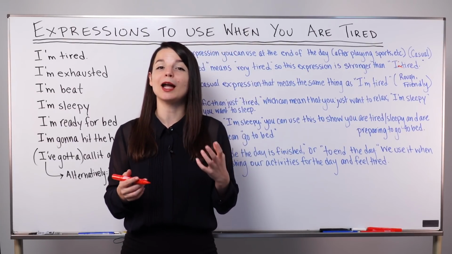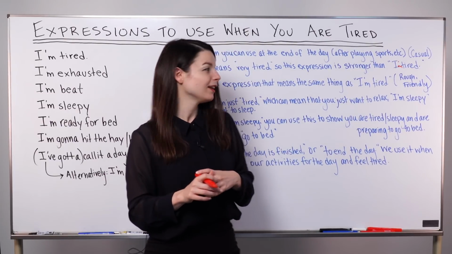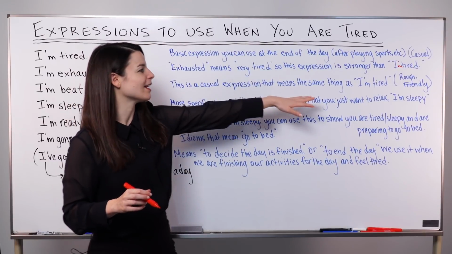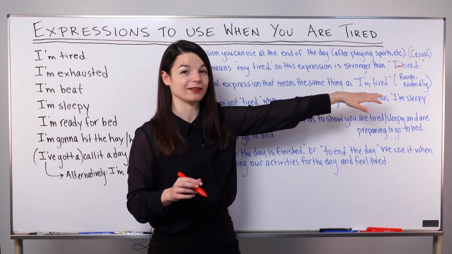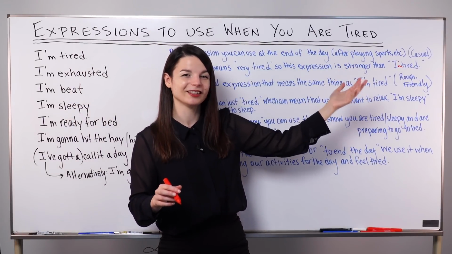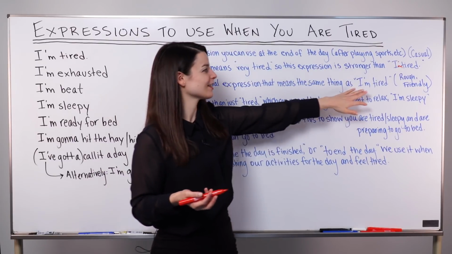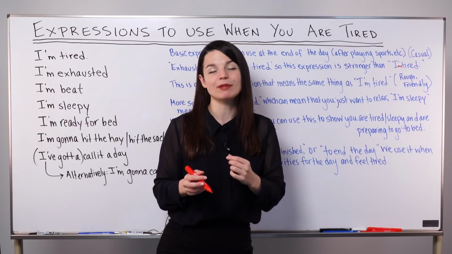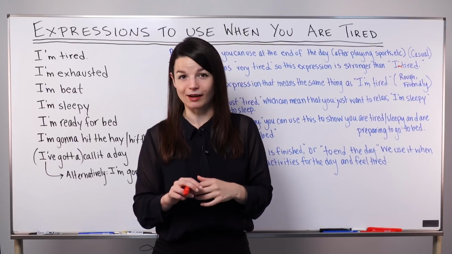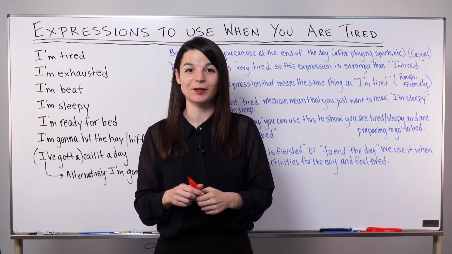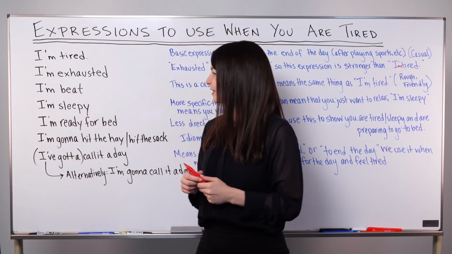We could say, I'm beat. It means the same thing as I'm tired, really, or I'm exhausted. It means I'm very tired, or I'm quite tired, but it sounds friendly, rough, and casual. So I'm beat, I'm tired, I'm exhausted are great expressions to know. Let's move on to the next one then.